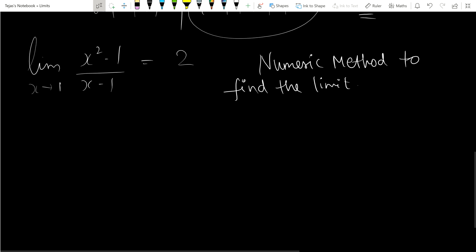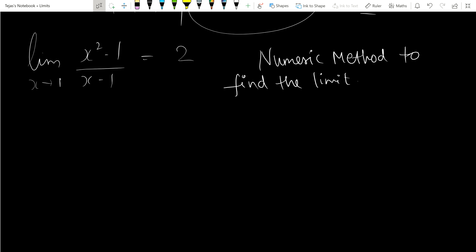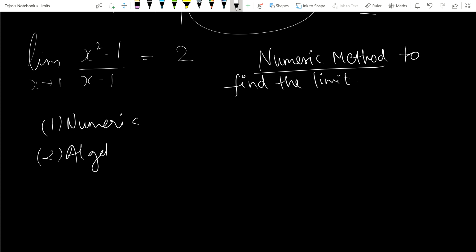And so we learned that there is a numeric method. Second is the algebraic method, and there is a graphical method to find the limits.